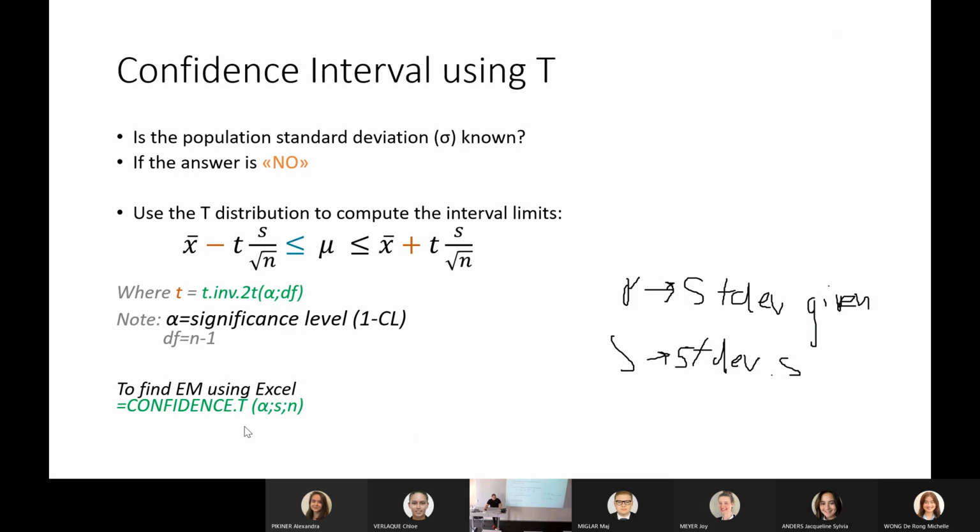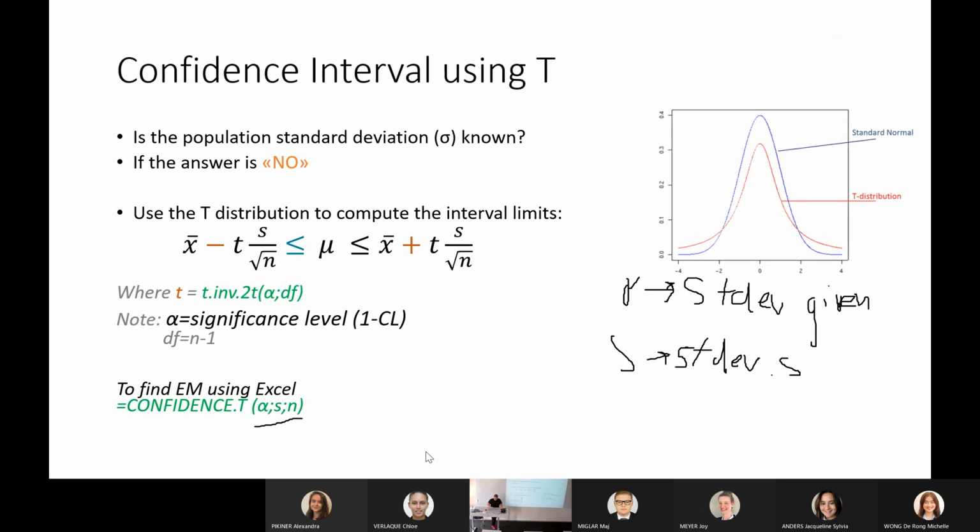But at the end of the day, for us, it doesn't make much difference, right? So here we will just plug in the same number, actually the calculated standard deviation that we will calculate from the sample. We'll plug in alpha, which you still remember is the significance level, and the sample size will be n once again.